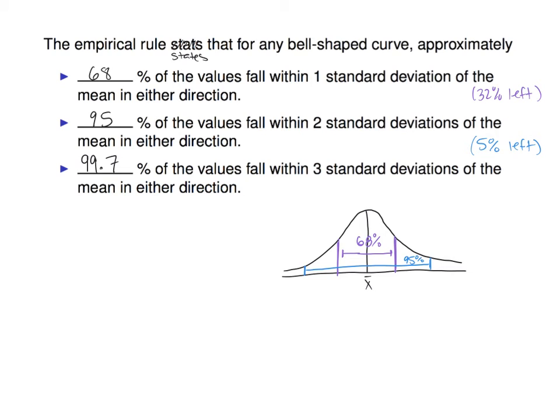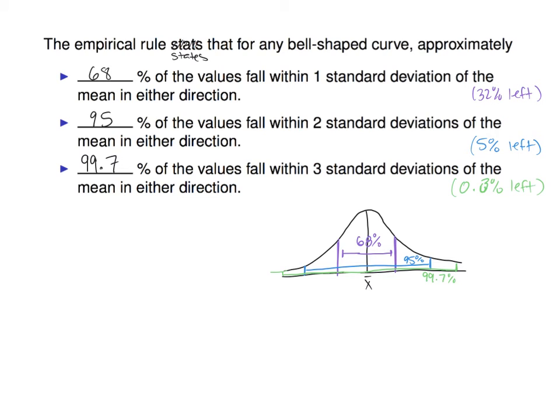And once you go to 3 standard deviations, you've got almost everybody. And that's 99.7%, leaving you just 0.3% left over. And half of that falls below and half of that falls above. That's the picture you should have in your head for this rule.